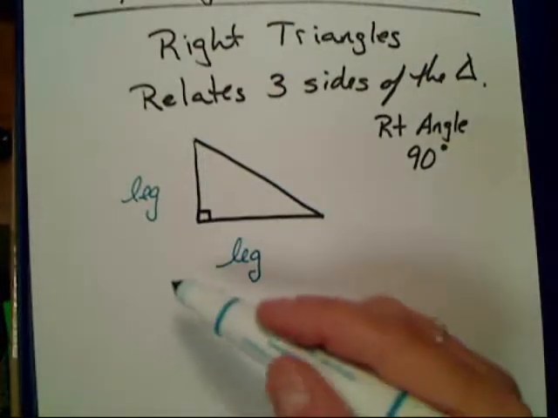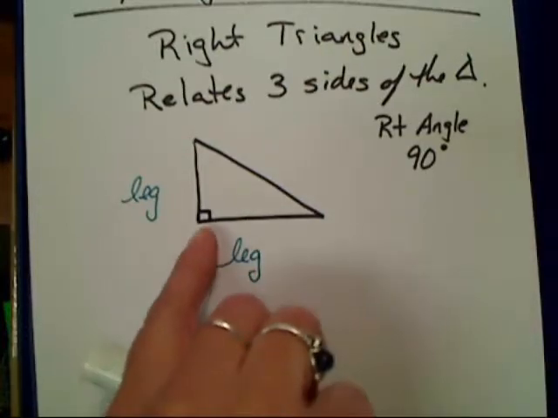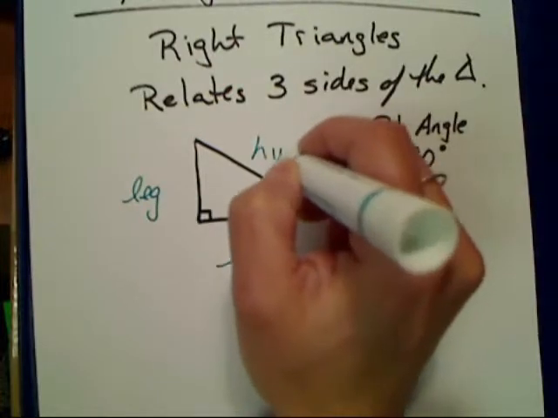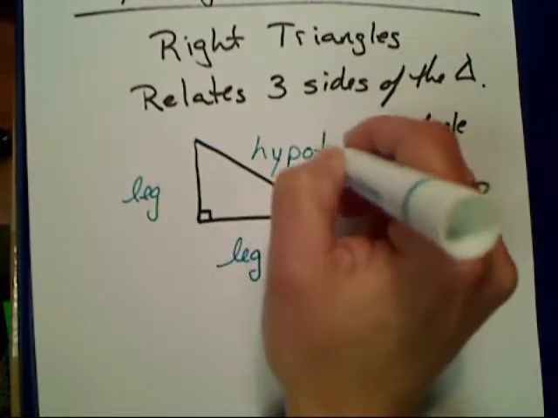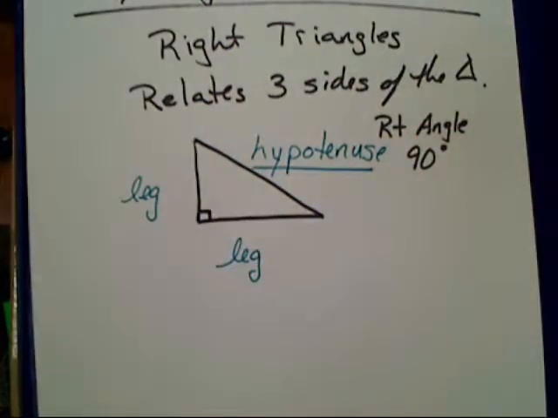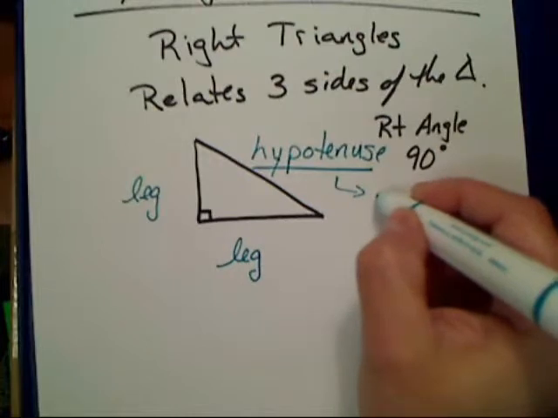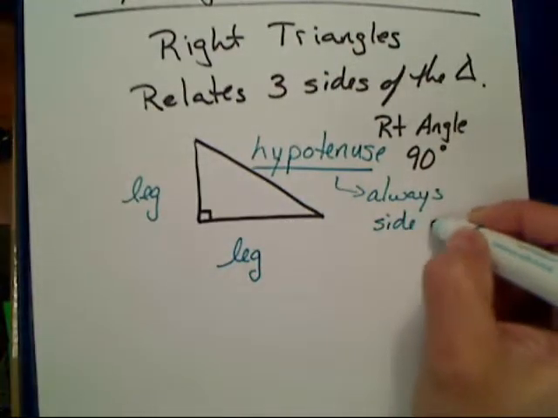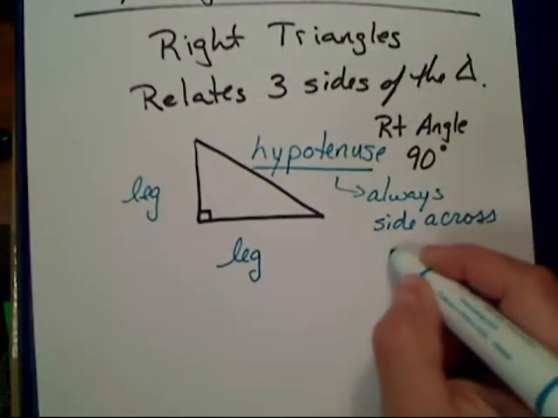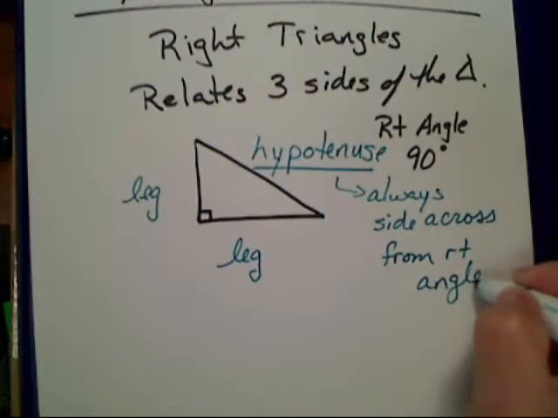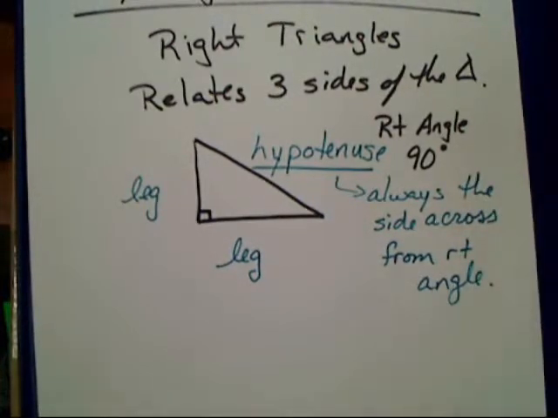The key is to know that the longest side, which is also the side always across from the 90-degree angle, is called the hypotenuse. That is always the longest side, always the side across from the right angle.